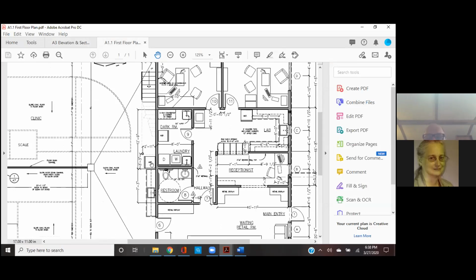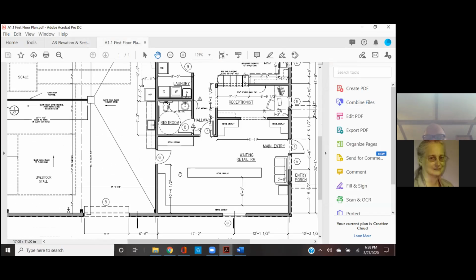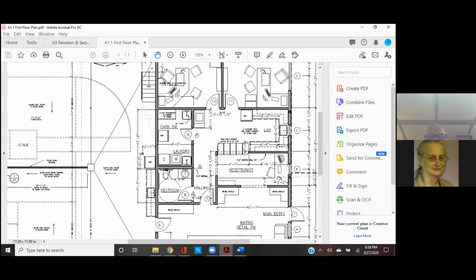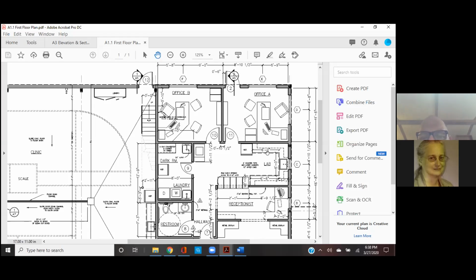Actually the hallway's not so bad, but the waiting area is kind of weird. I'll bet if you do the hallway, the restroom, the laundry, the lab, and then use the rest for the receptionist and the waiting, that'll be good.